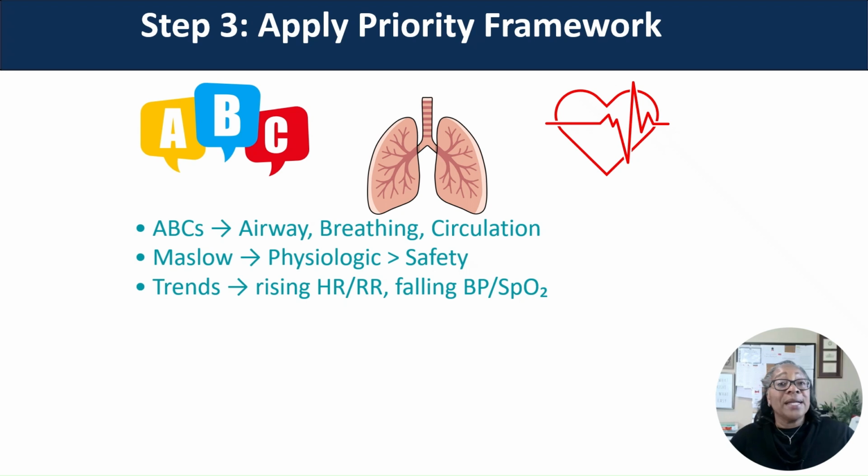If the respiratory rate is rising, the patient's deteriorating. If the blood pressure is falling, the patient's going into shock. If the SpO2 is falling, that's respiratory failure. If the potassium is rising, that puts the patient at cardiac risk. So your job as a nurse is to match the main problem to the correct priority category.